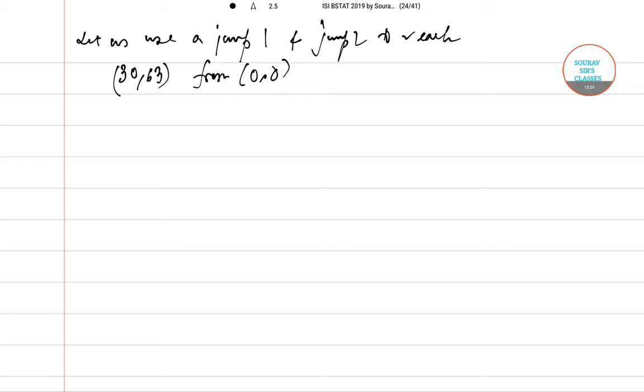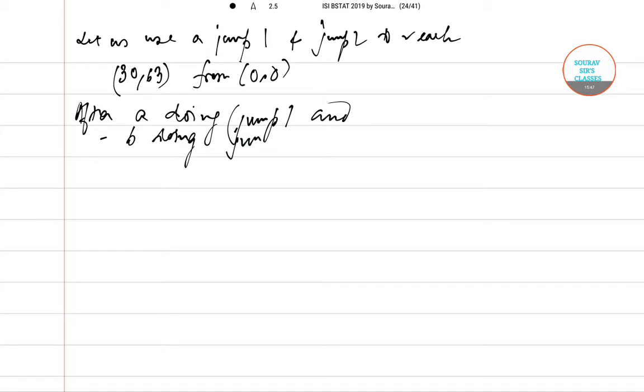Now after A doing jump 1 and B doing jump 2, the final position is 2A plus B and A plus 2B.